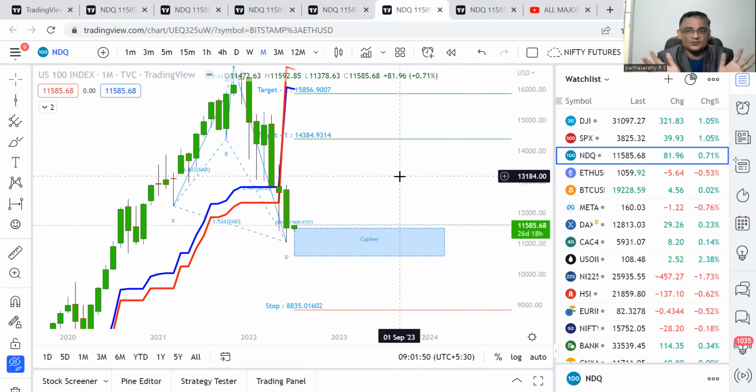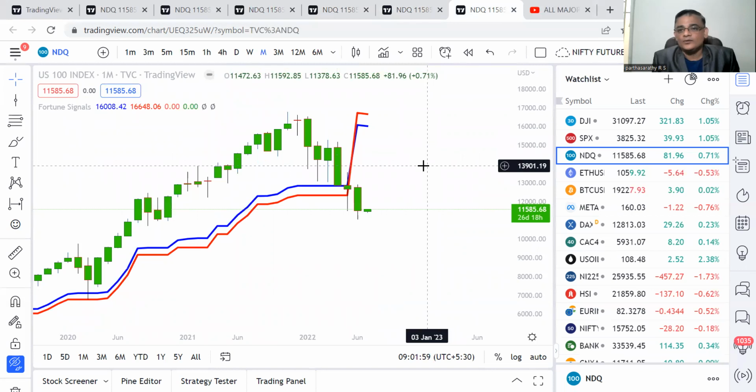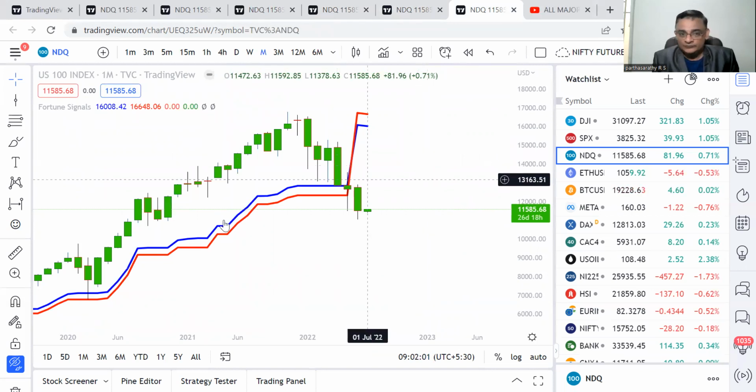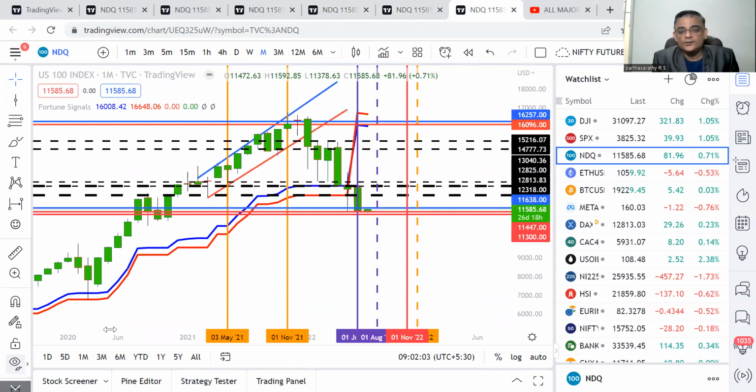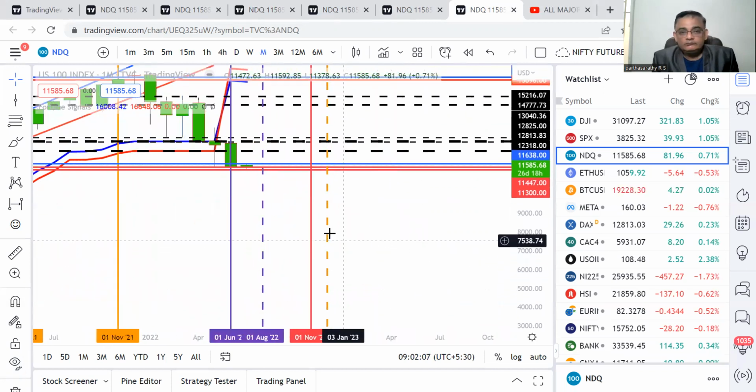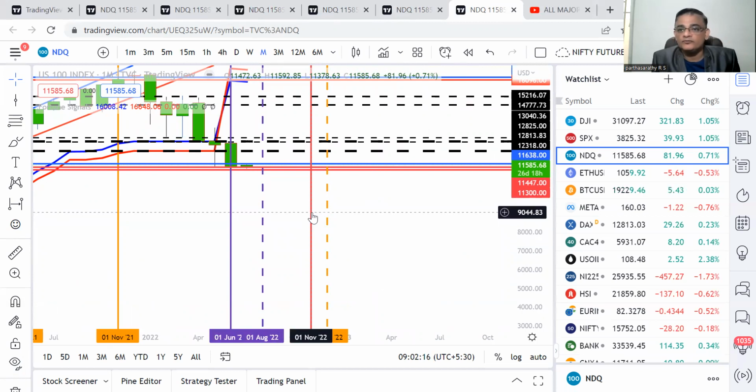See, I have combined so many things, but Fortune Signals is very easy to understand everything without doing a lot of analysis. So now let's come to Fortune Signals. And before that, I will give you the dates. Kindly mark the dates. This month, November 2022, it says it's a miracle month for Nasdaq.